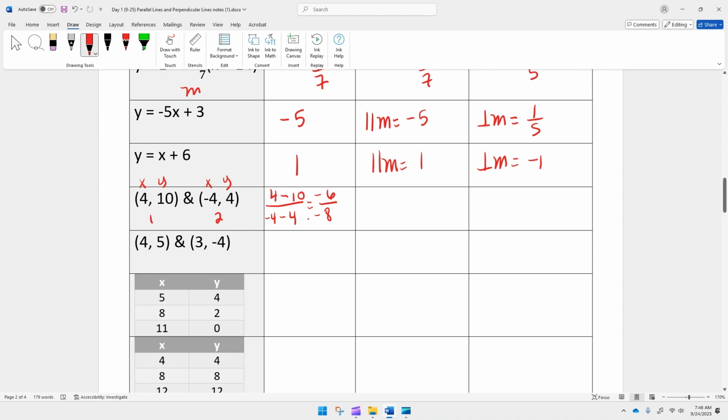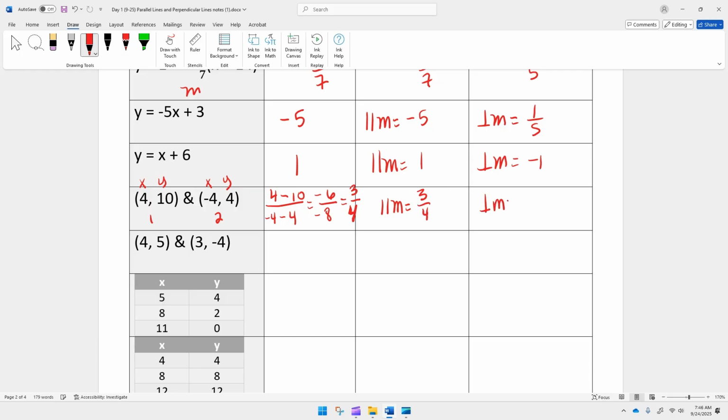Negative divided by a negative is a positive. We need to reduce. 2 goes into 6 how many times? 3 times, because 2 times 3 is 6. 2 goes into 8 4 times. So our slope is 3/4. So the parallel slope is going to be 3/4.